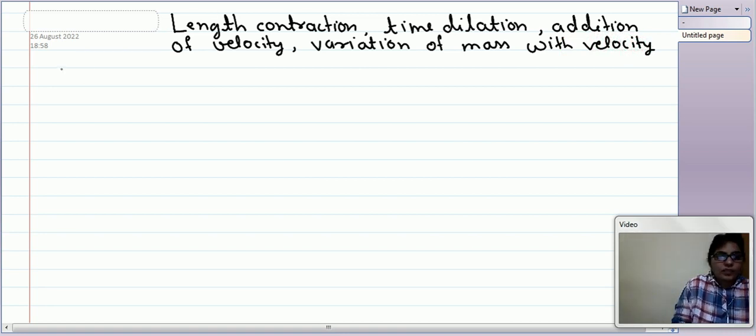So let us start with the first topic, which is length contraction.